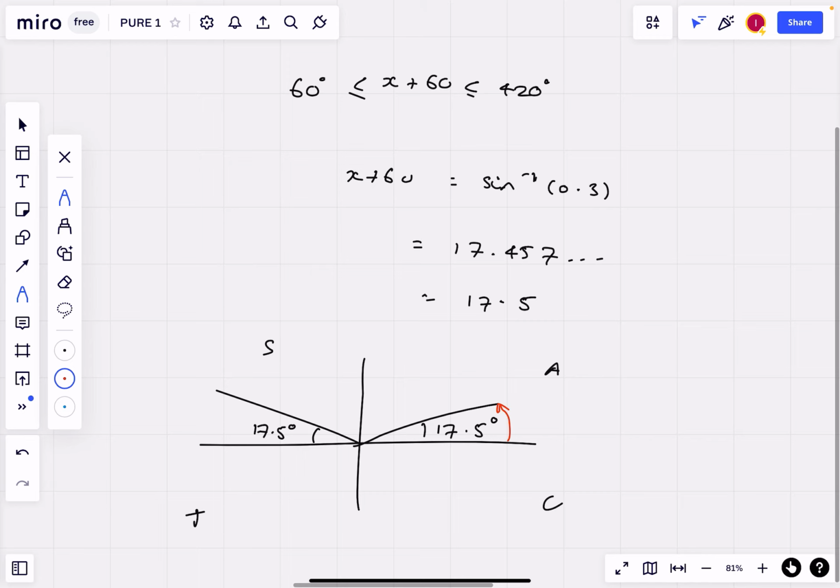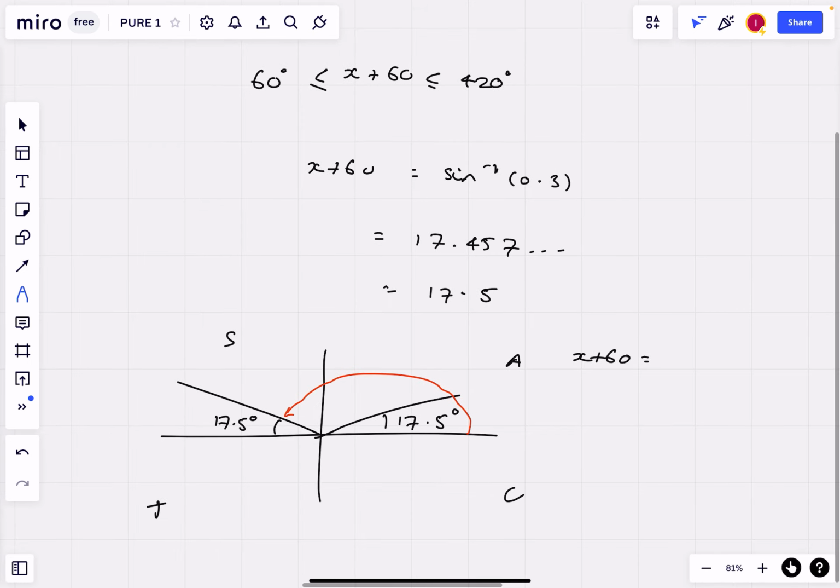However, our range is starting from 60. So instead, we're going to do this. 180 minus 17.5, which is 162.5. So x plus 60 is equal to 162.5.